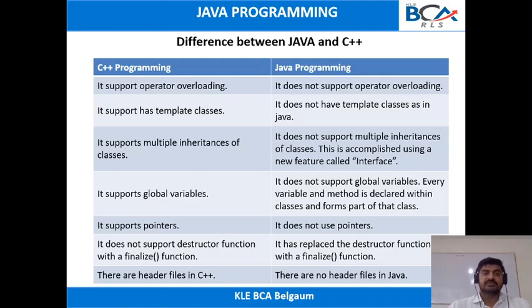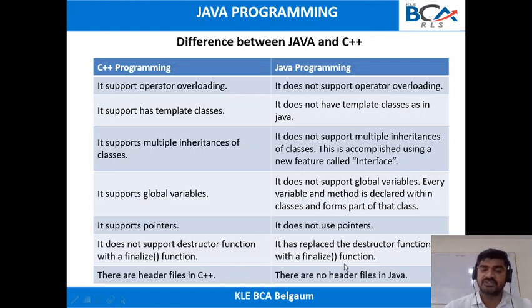Next, C++ programming supports pointers. The pointer concept is not supported in Java. Next, C++ programming does not have a finalize function, it has a destructor, but in Java we have the finalize function.